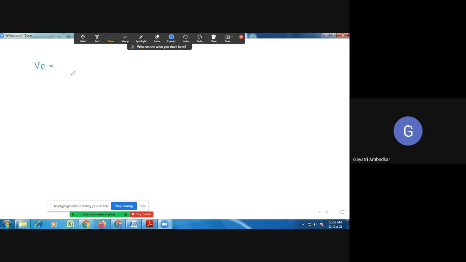What is Vf? It is the current flowing through resistance R1 multiplied by resistance R1.